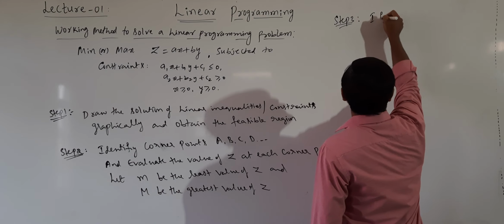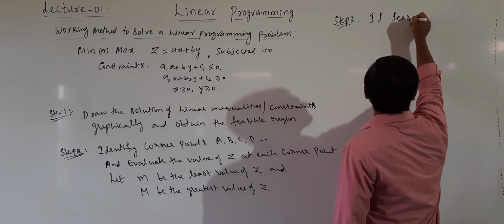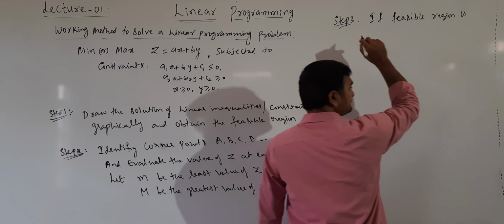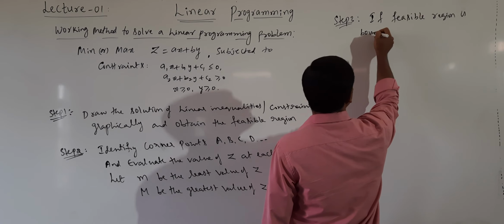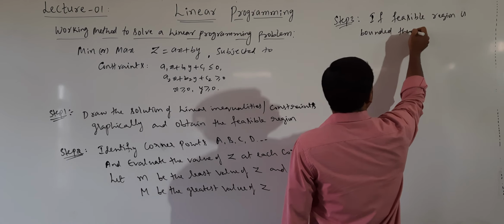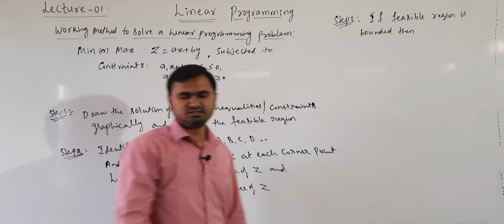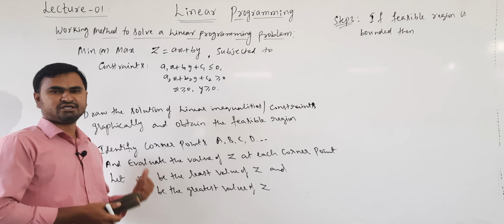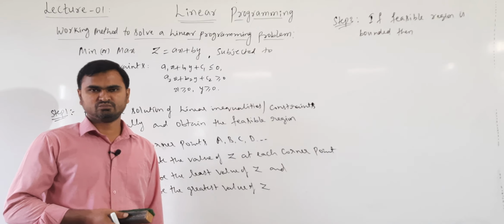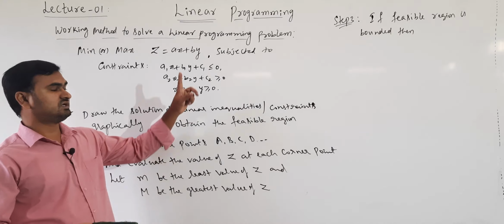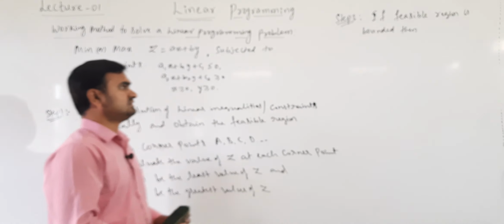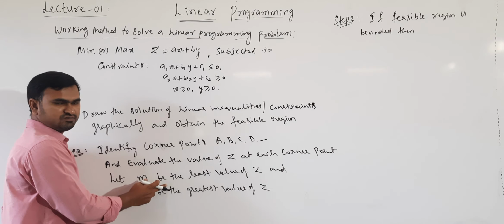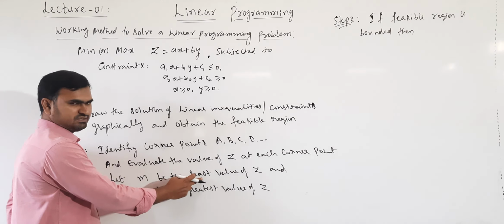If feasible region is bounded, then what we studied in the theorem, if the feasible region is bounded means we will get both the maximum and minimum value of z, both must occur, and where they will occur? At the corner points. So whenever the feasible region is bounded, both the minimum value and maximum value of z exist. Minimum value is nothing but the least value.